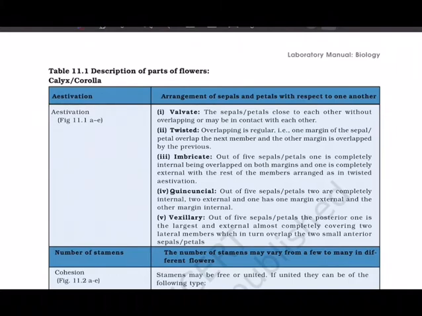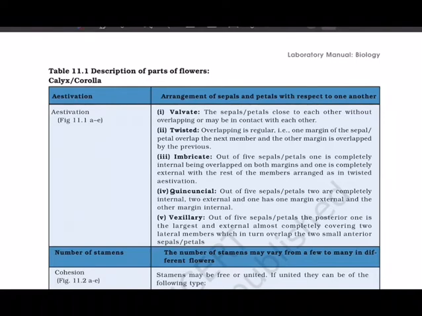A flower will be given, a twig will be given, and you need to describe everything right from the root, stem, leaf, branches, flower, bud, and draw the floral diagram as well as write the floral formula. This is the major question in your practicals.